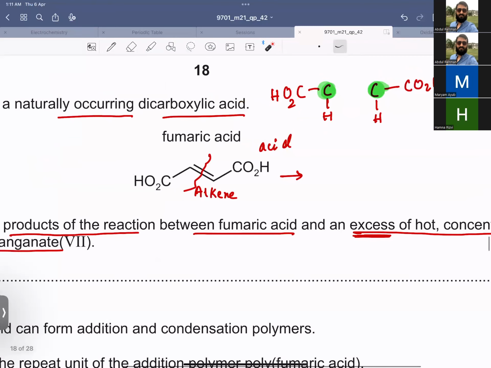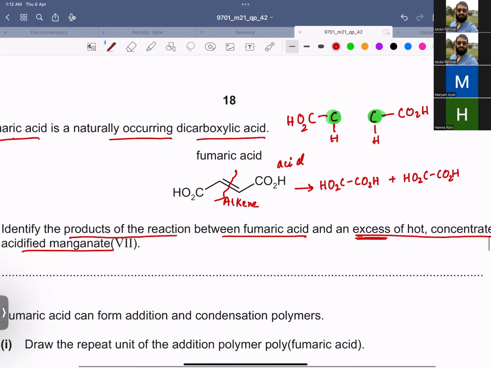So we get one molecule having two carboxylic acids, and there is another molecule of two carbons, and both the carbons are carboxylic acids. Is this understandable to everyone?